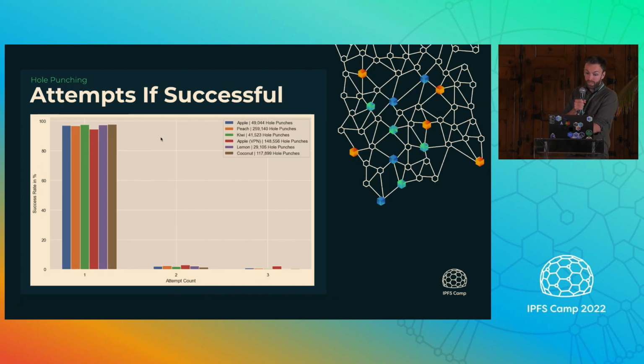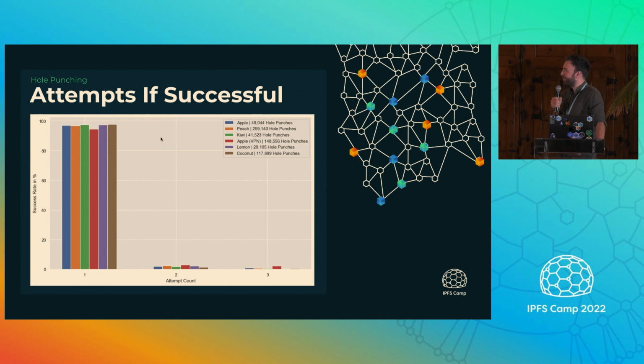And another outcome, I think, for protocol improvements at this point. I didn't tell you that when this hole punch dance, this back and forth of the connect and sync messages, didn't work out, we just try again, in total 3 times.